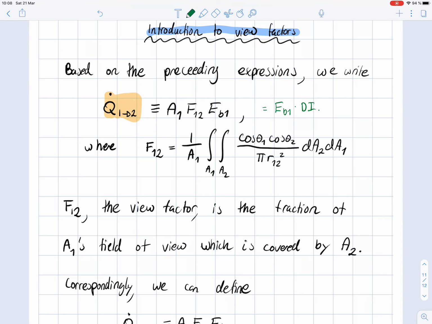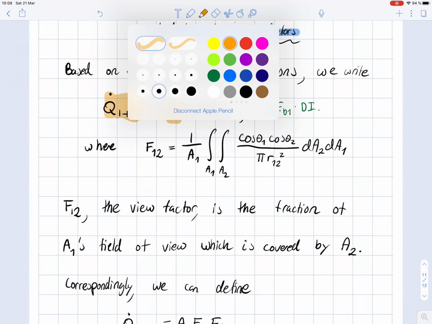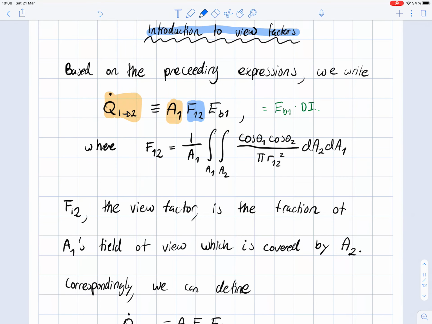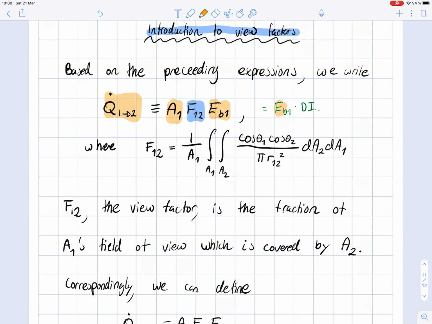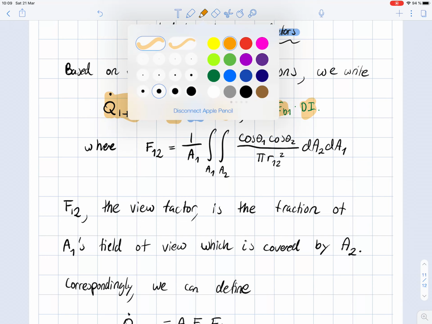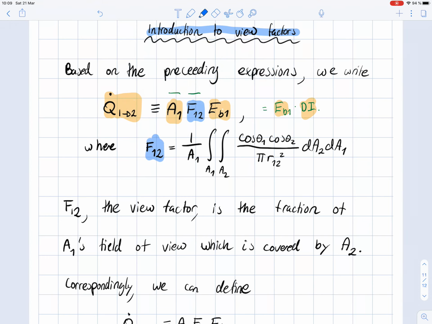Rather than writing it like this, we write it as A1, which is the area of the first surface, multiplied with this F12, and then multiplied with EB1. So it's the same EB1 as here. The only thing that we've done is to split this double integral into two factors, one containing the area and the other one containing this F12. F12 is defined in the following way.